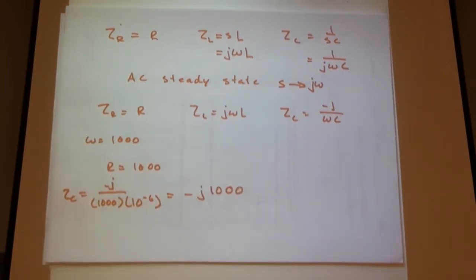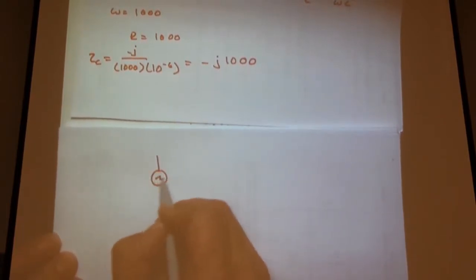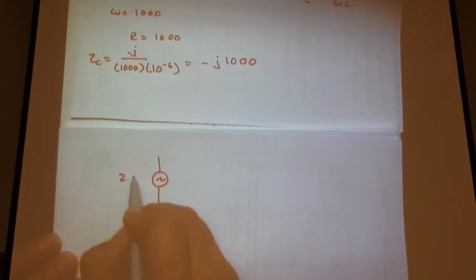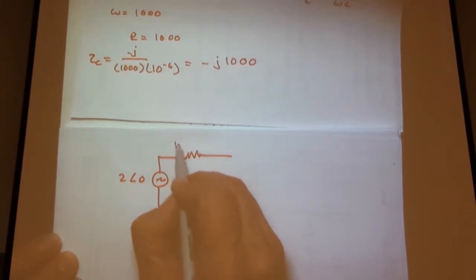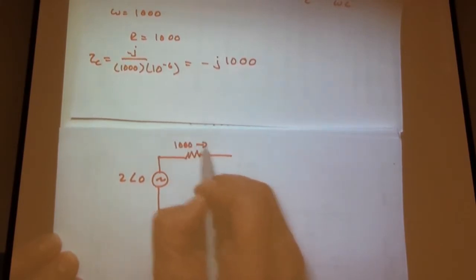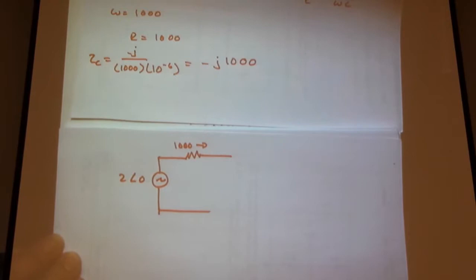This is a nice convenient number. And that's our circuit. So in the AC steady state analysis, our circuit looks like 2 angle 0, and 1K or 1,000.